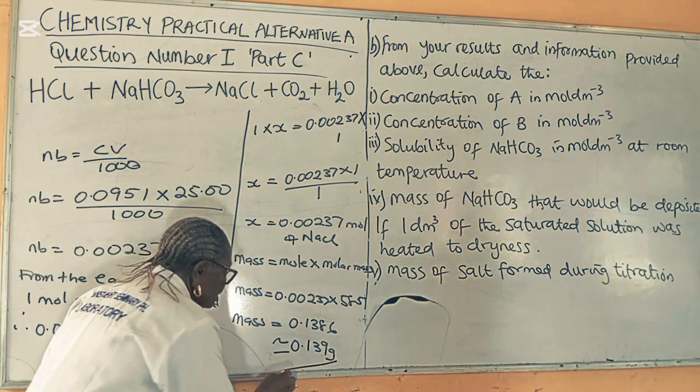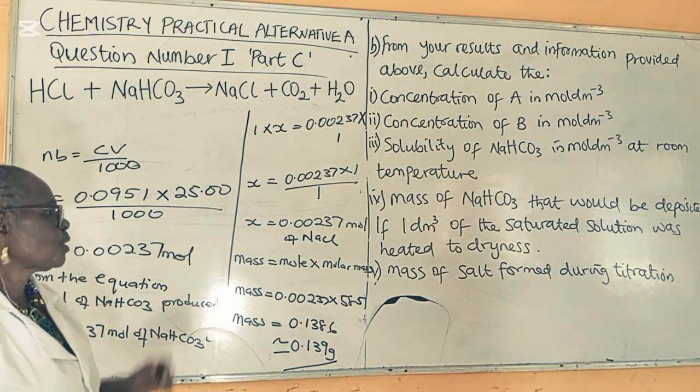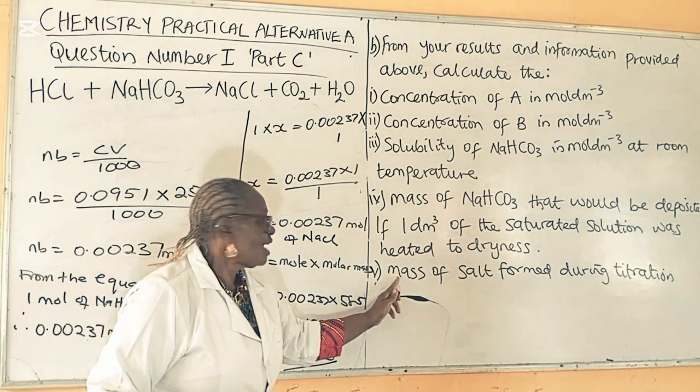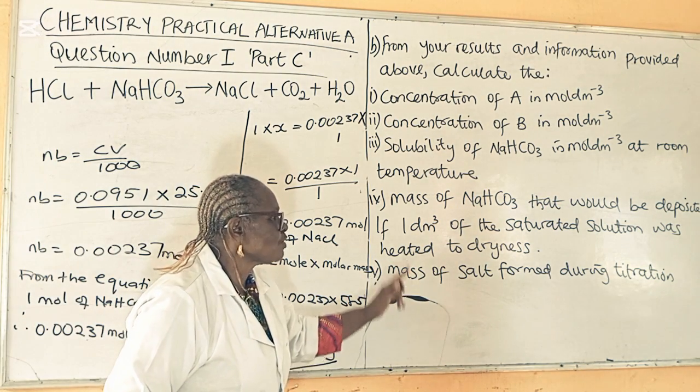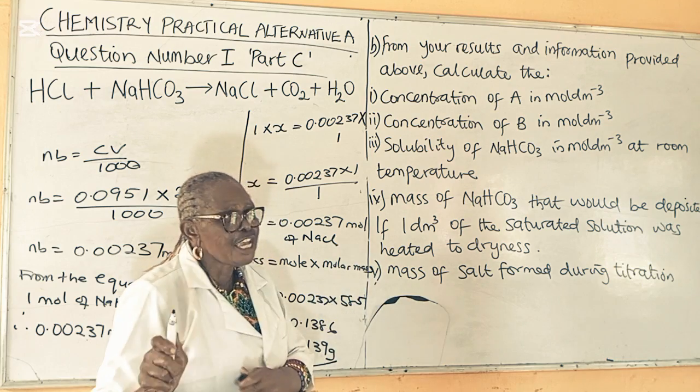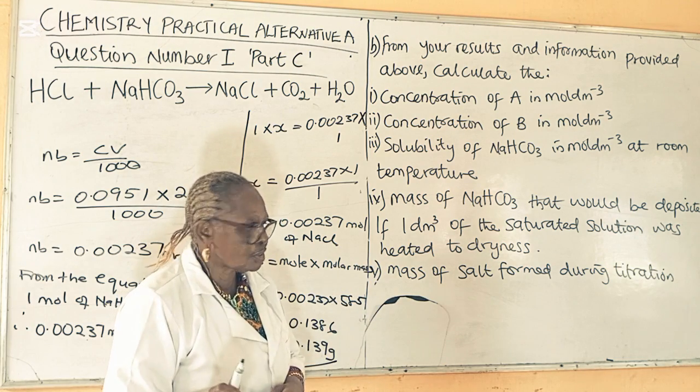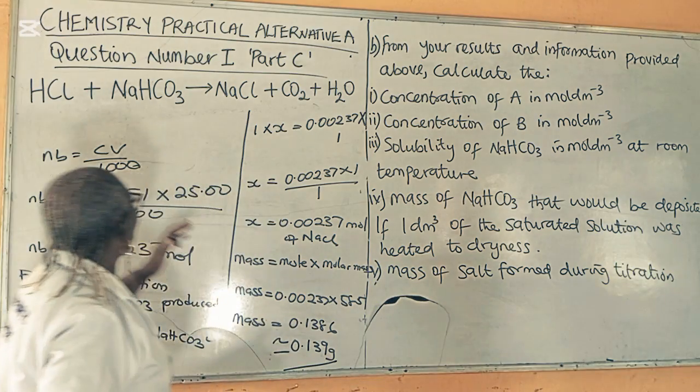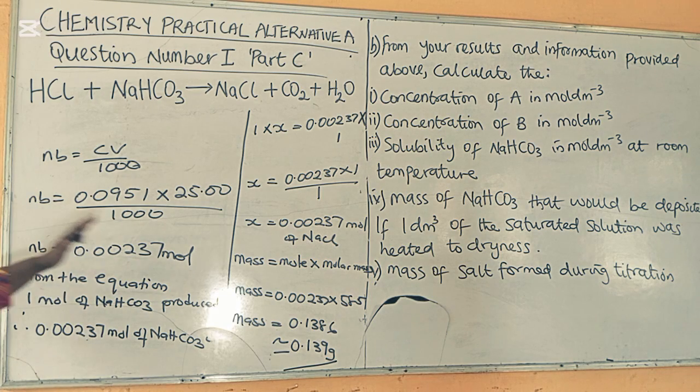Thank you. But don't forget, supposing they change this question and they now ask you to find the mass of the salt formed if 1 dm cube of B was used, please, you don't need to start trying to get the amount in 25. Please use the conc of B, and the conc of B remains 0.0951.